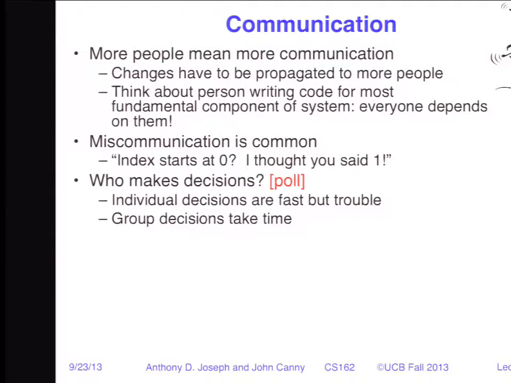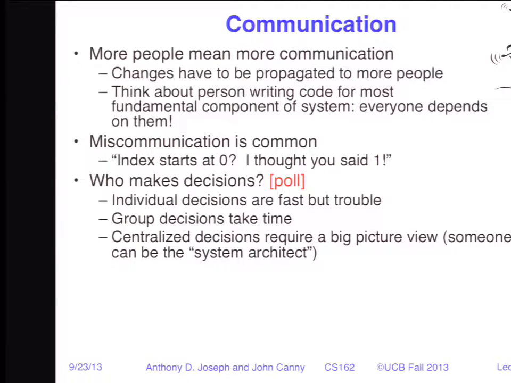In a group of 5 with a binary decision, you can have 2 and 3, majority rules. What happens if you have a group of 4 and 2 people want to do it one way and 2 people want to do it the other way? Which way do you do it? I see lots of people laughing. I've seen groups do it both ways and then fight, and they come into my office, and it's not a good situation. Right? You can delegate and have a leader who makes a centralized decision. This is your system architect.